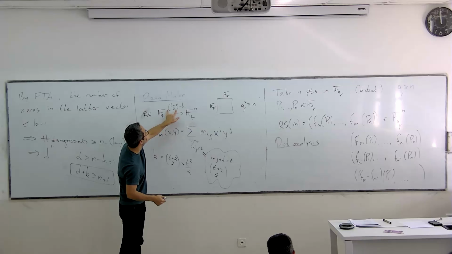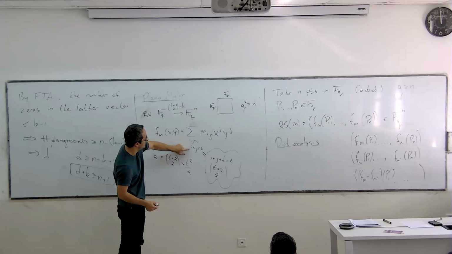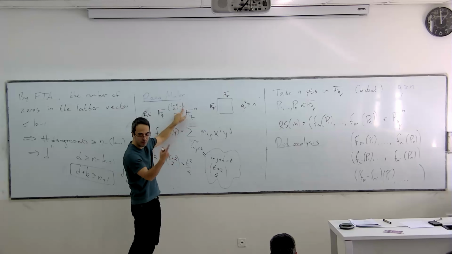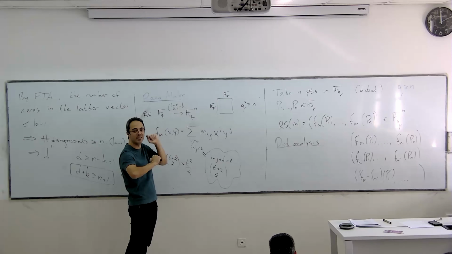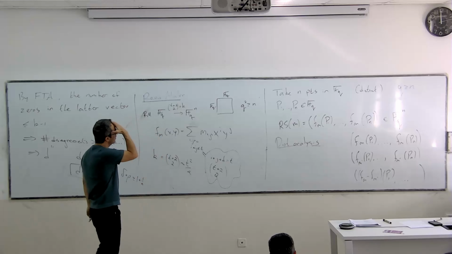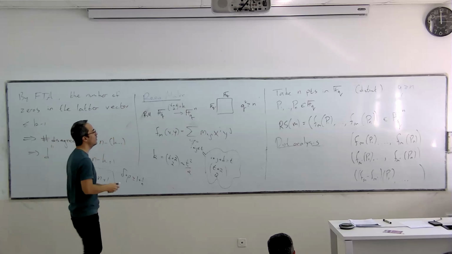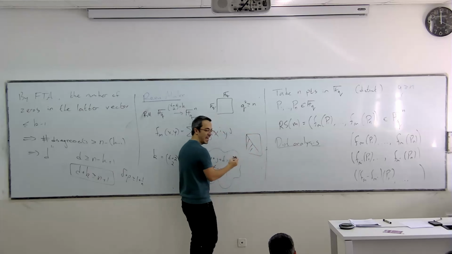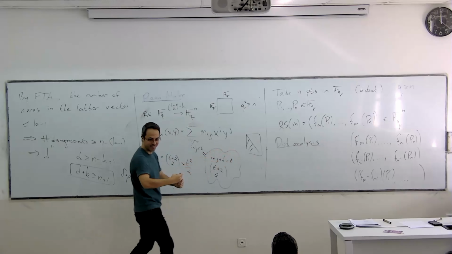So the number of pairs, the indices, are all Ij satisfying this. Once this is K, I can go back and forth: take the message and put it in a matrix, but only in the lower diagonal, where i plus j is at most t.